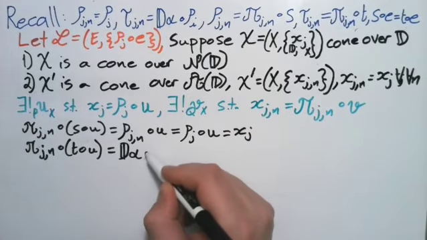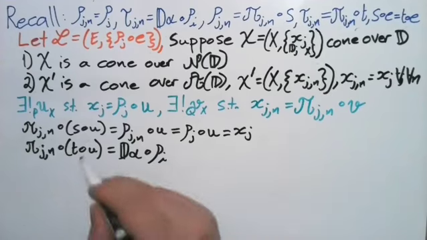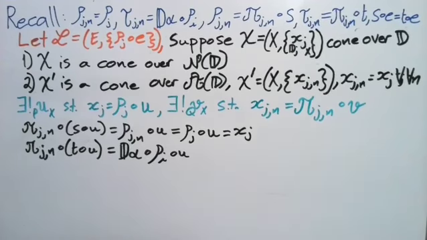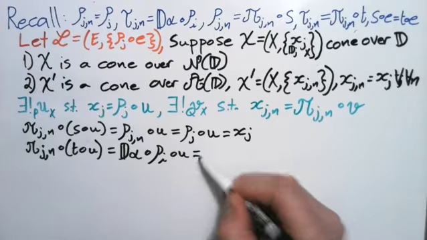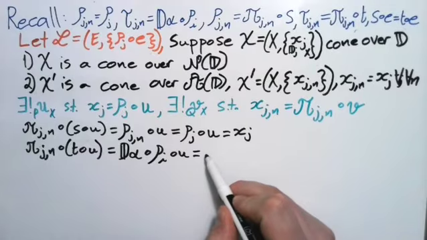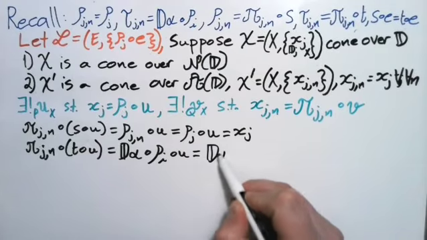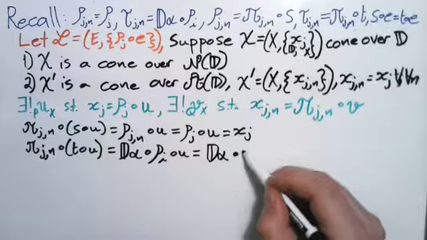So this is d alpha after rho i, and then we have our u left over here. But again, this is what commutes with the legs of the cone x, so this is d alpha after xi.